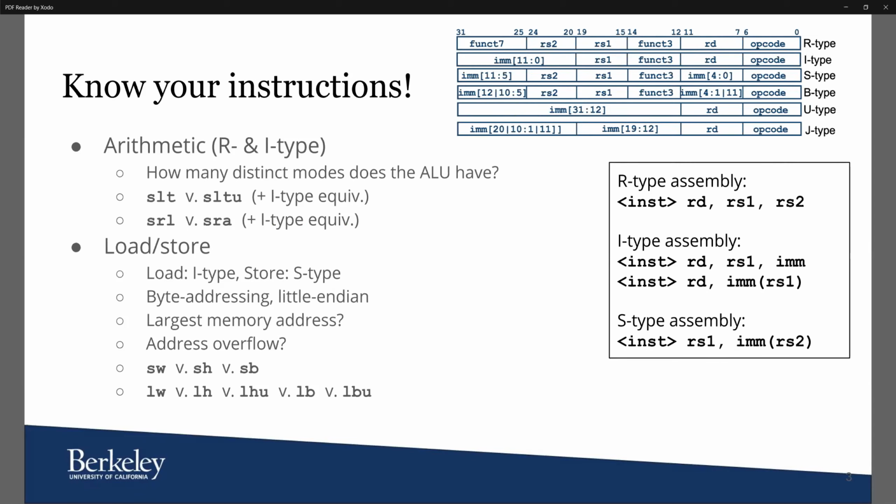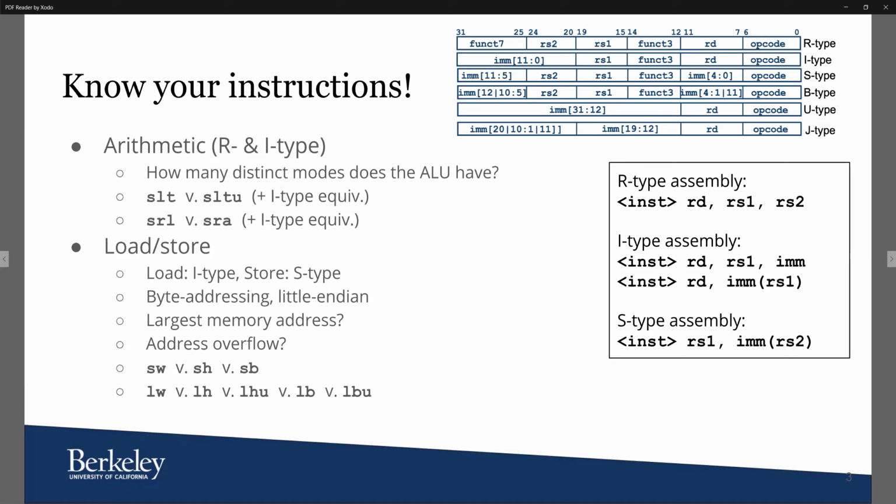So can someone tell me basically how many distinct modes the ALU has when it comes to arithmetic instructions? Anyone want to list out what the ALU can do, basically? Throw some words out there. Okay, so shift, right?